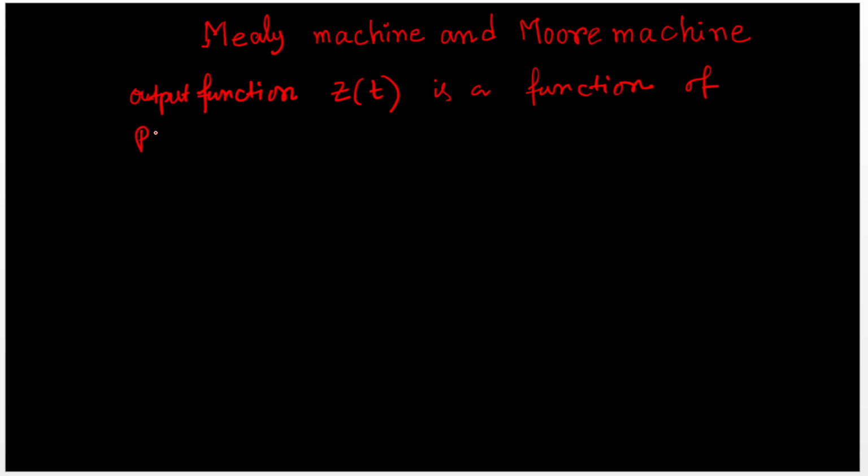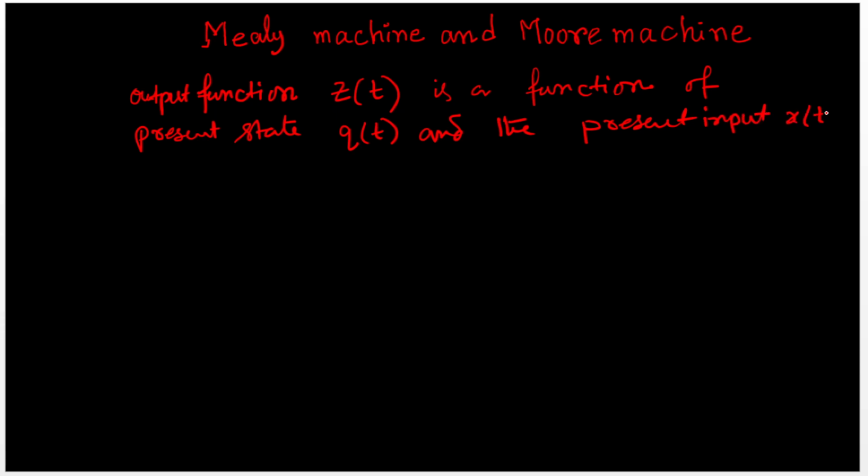In case of a Mealy machine, the output function, suppose z of t, is a function of the present state, say q of t, and the present input x of t.